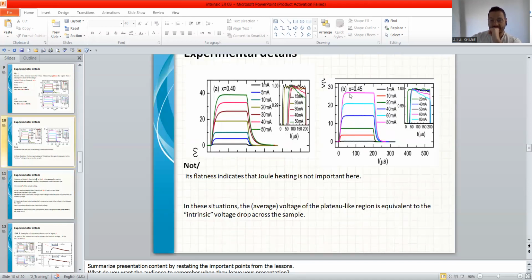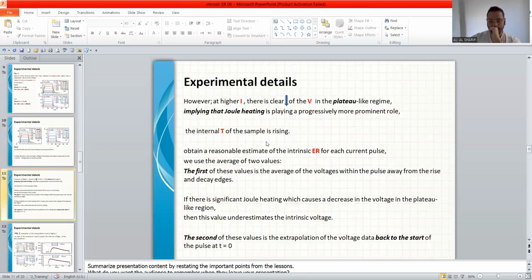The rise is from these two sides until the edge decreases or disappears, or goes down to a small amount. Here, this value is the average of the voltage within the pulse away from the rise and decay edge.